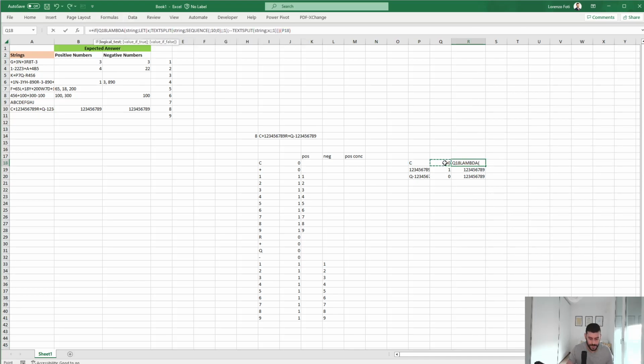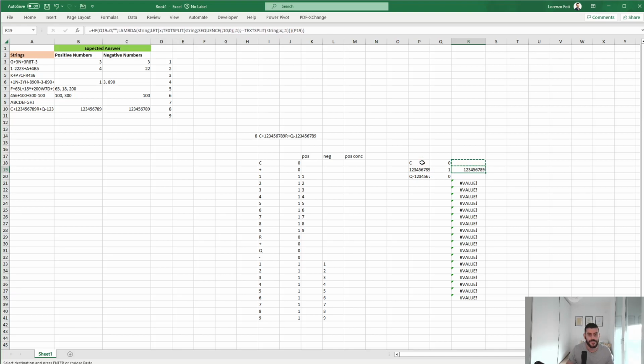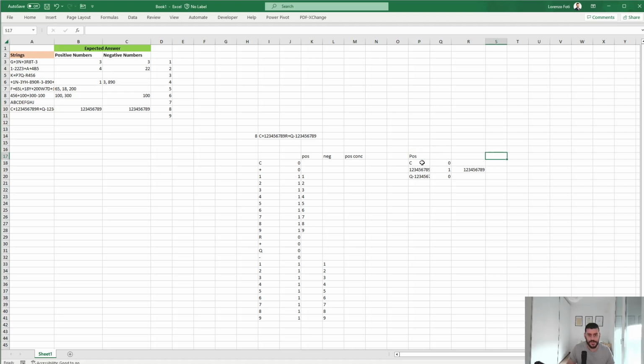If this equals 0, it's nothing, otherwise it's that. So that was the positive, and negative will be basically the same thing, but I want to text split on minus.